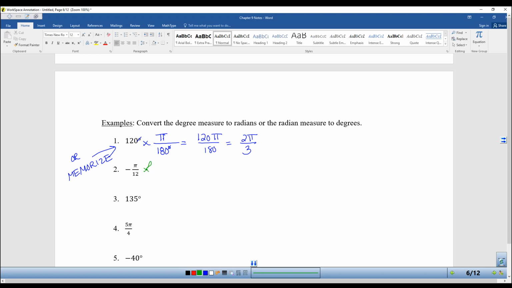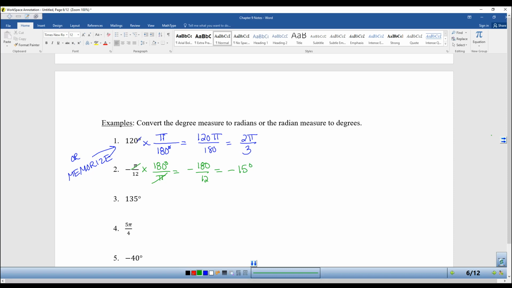So this time I'm going to multiply by 180 on the top because I want to get degrees and get rid of the radians. And sure enough, the radians cancel, even though there's no actual unit to cancel, and I get negative 180 over 12, which is negative 15 degrees.